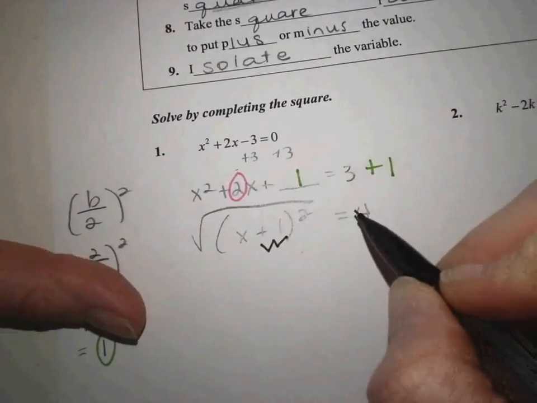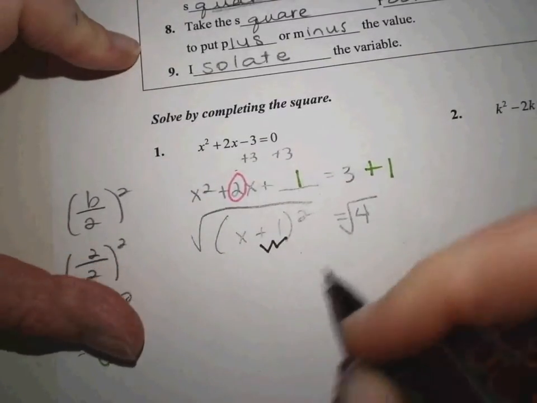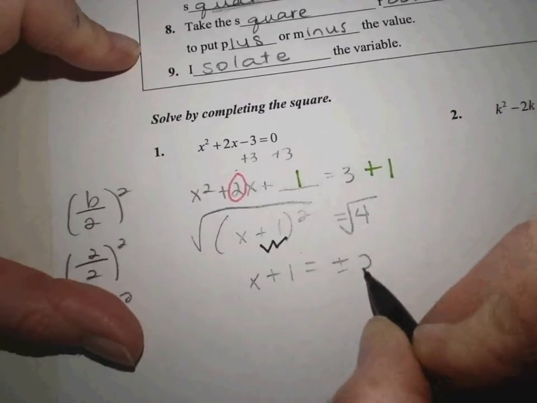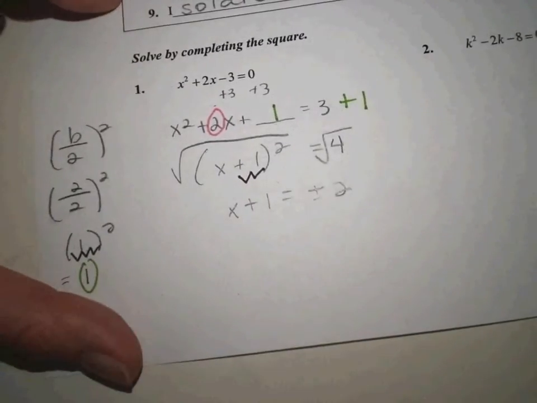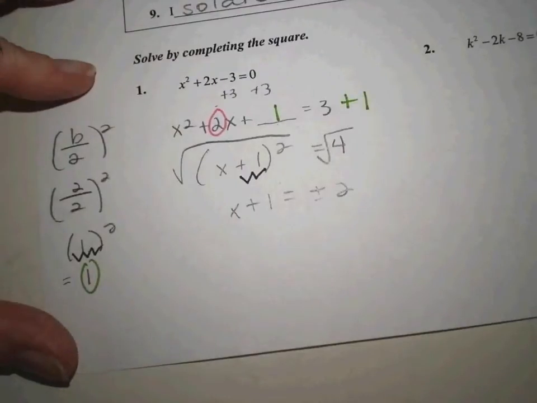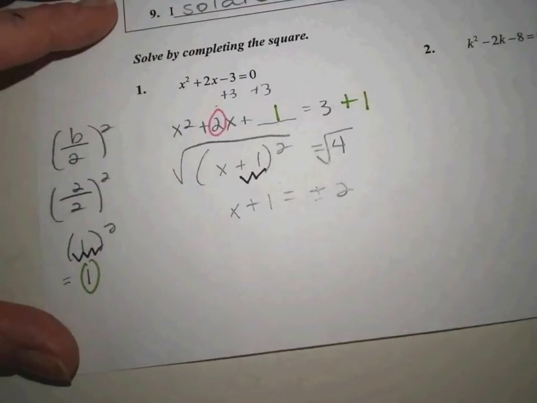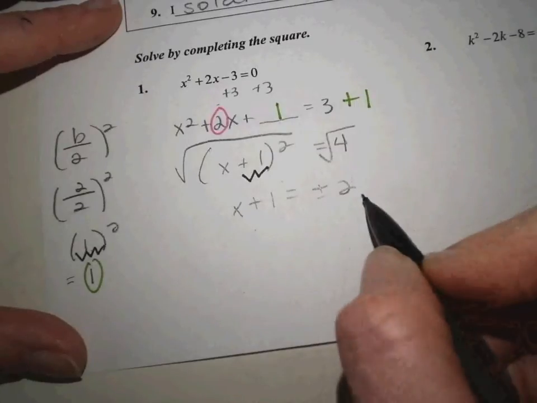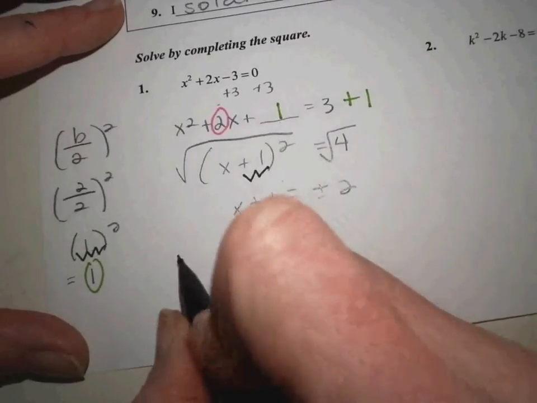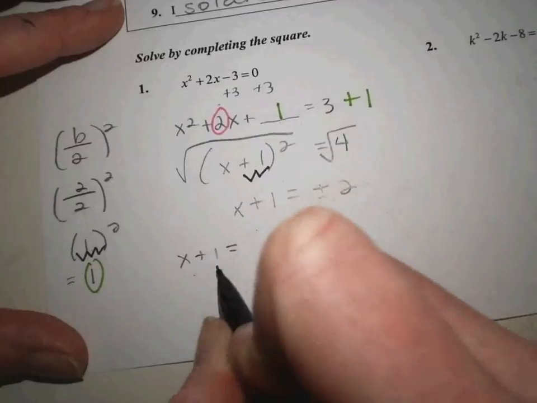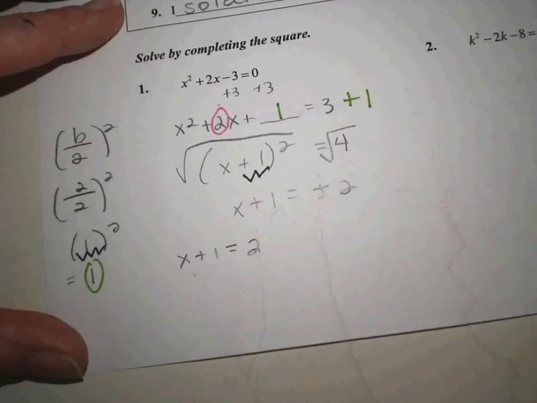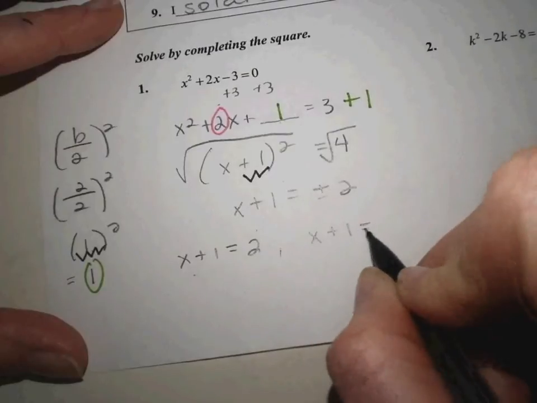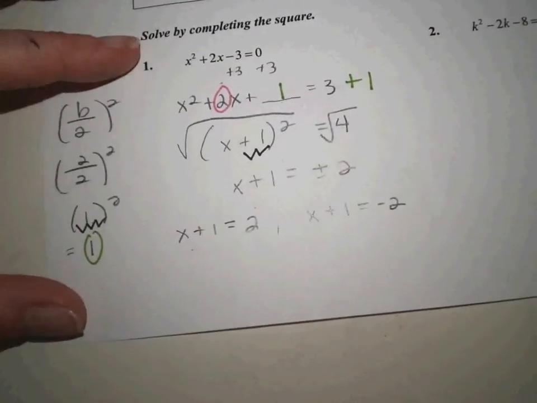So the next step then is to square root both sides. That's step 8. So x plus 1 equals plus or minus 2. And then isolate the variable. We can't just subtract 1 from both sides because that's a plus or minus 2, so we're actually going to create 2 equations: x plus 1 equals 2 and x plus 1 equals negative 2.